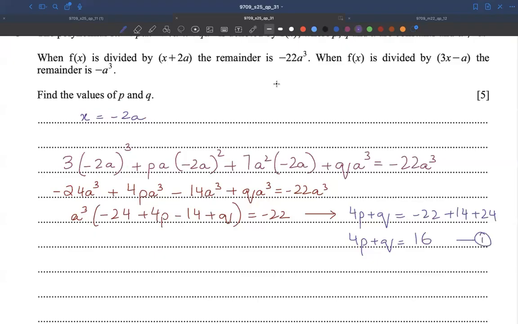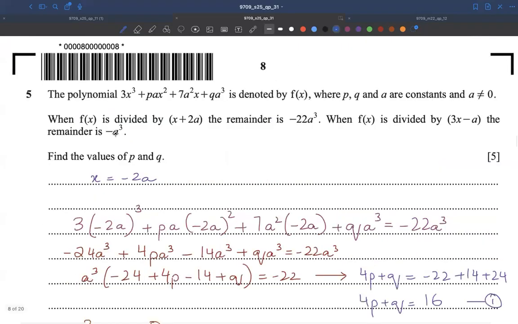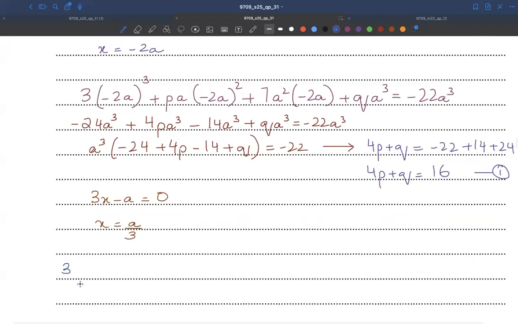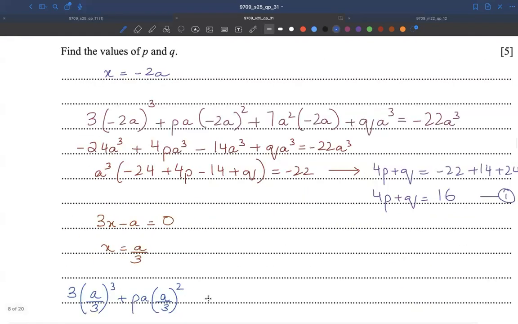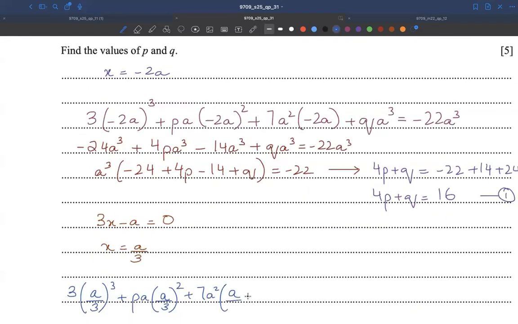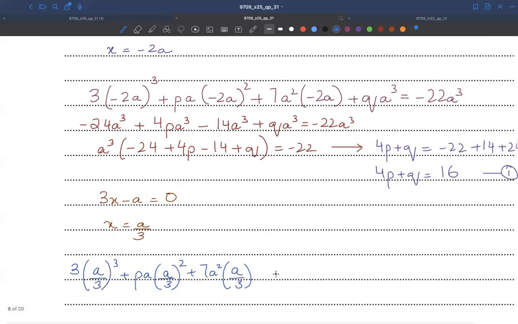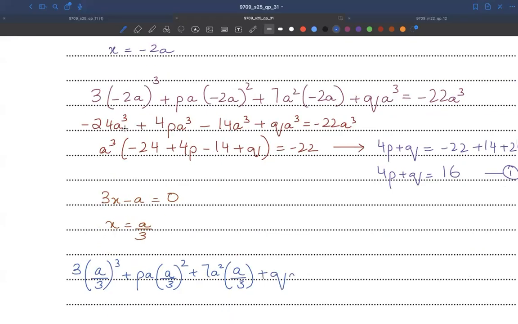Now we are also given that when it's divided by 3x minus a, we will put it as 0. So x would equal a upon 3. Now in the same function, we'll substitute x equals a upon 3. So this will become 3 into a upon 3 whole cube plus pa into a upon 3 whole squared plus 7a squared into a upon 3 plus qa cube, and the result equals minus a cube.